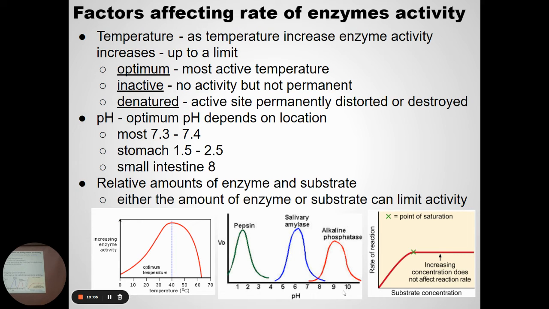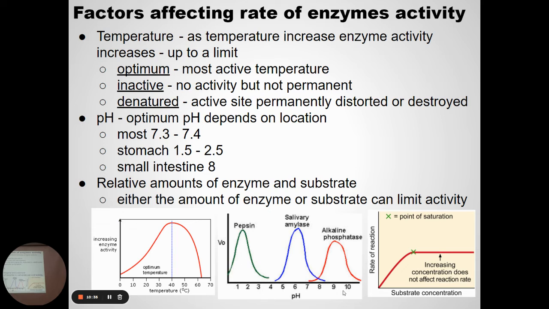Typically what we find is as enzymes are heated up, they start to work faster, because molecules are moving faster and are more likely to interact with each other, so the enzyme activity increases until a certain point. And then if it gets too hot, the enzyme stops working as well. We can see that line drops off.